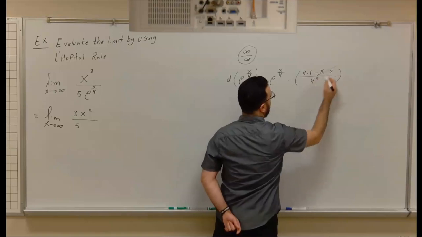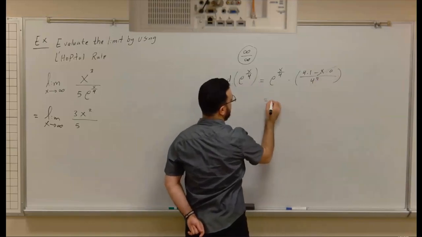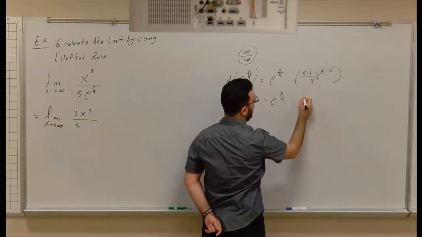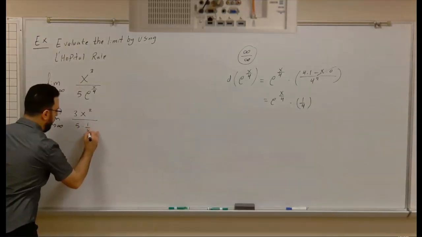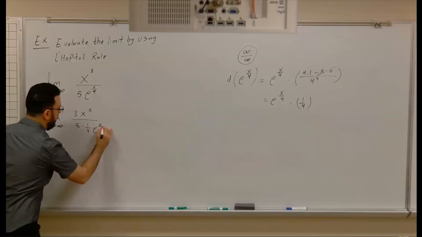So this is 0. That means it's going to be e to the x over 4 times 4 divided by 16, which is 1 over 4. So the derivative is going to be 1 over 4 e to the x over 4.